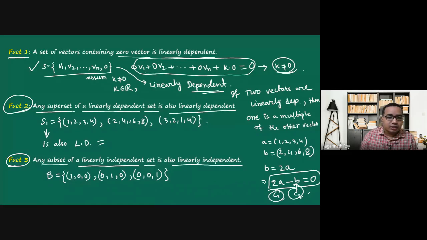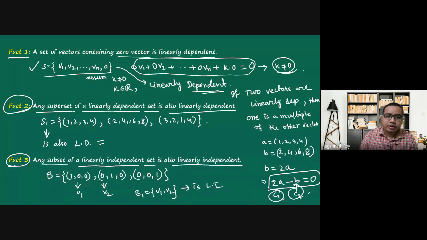Then if you take any two vectors, vector 1 and vector 2, what will happen? Suppose B1 is a collection of v1 and v2. By this fact 3, it is also linearly independent.